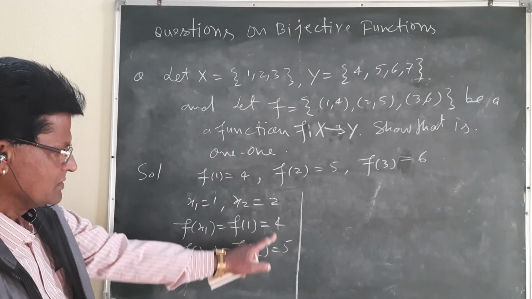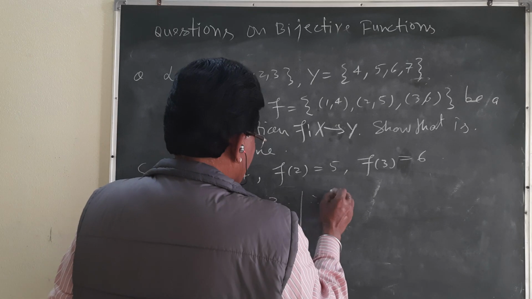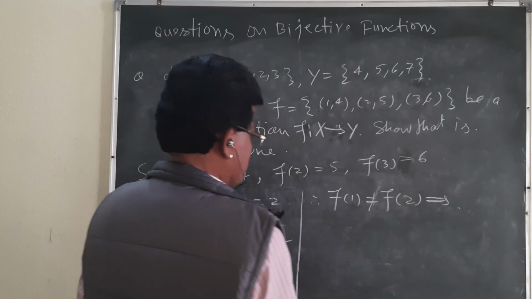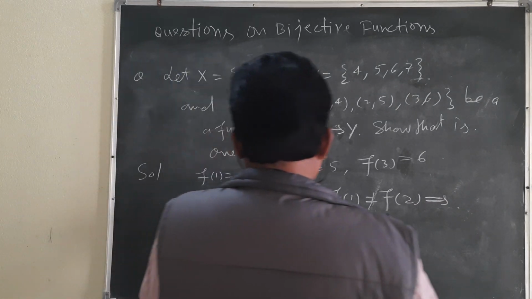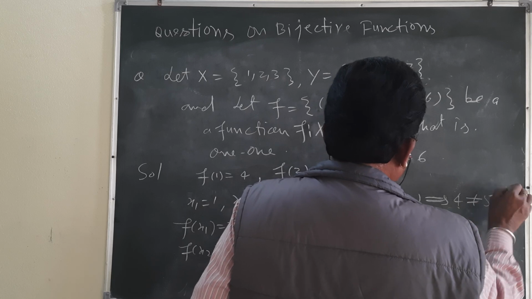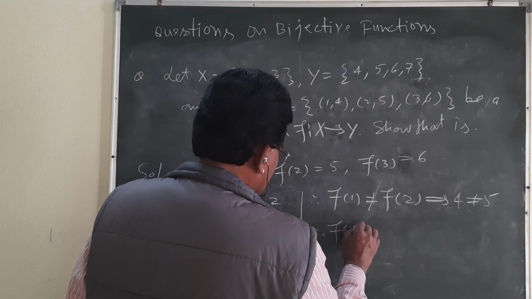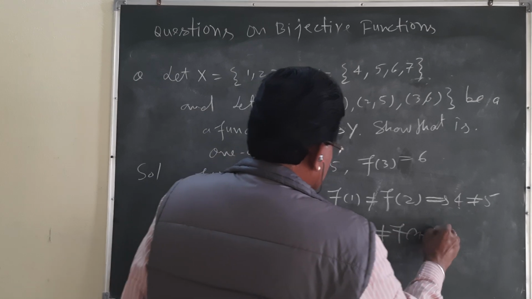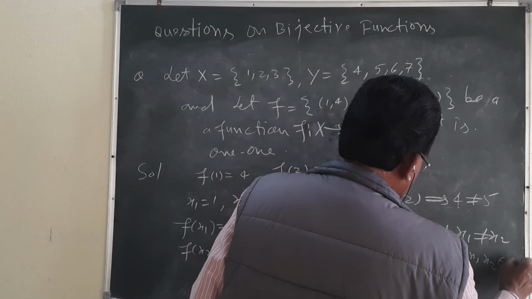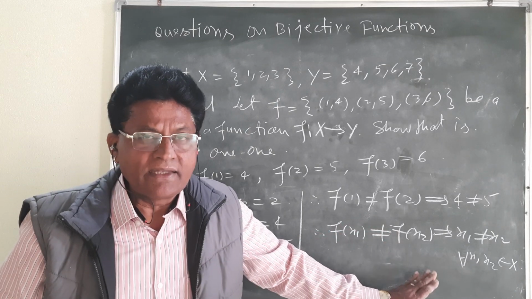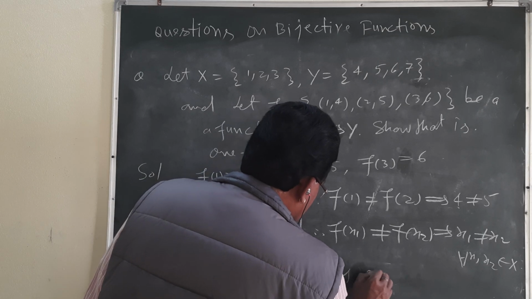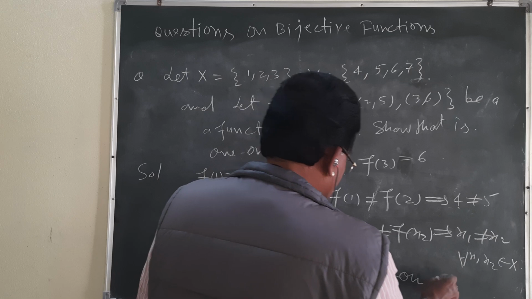What happened by the definition I just discussed with you? See, f(x1) and f(x2) are not equal. Therefore f(1) does not equal f(2), implies 4 does not equal 5. That means f(x1) does not equal f(x2) implies x1 does not equal x2 for x1, x2 belonging to X. If this happens, then you can say, my dear student, that function f is one-one. Generally students commit the mistake and get confused.